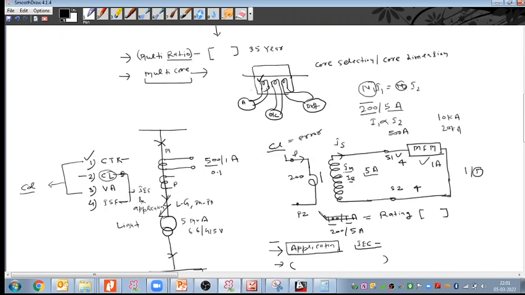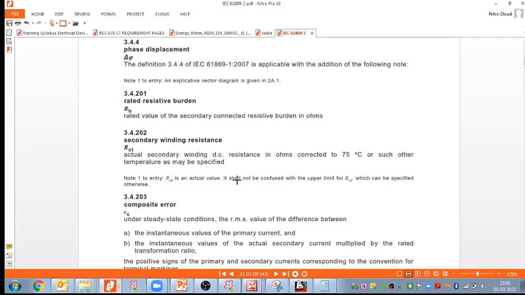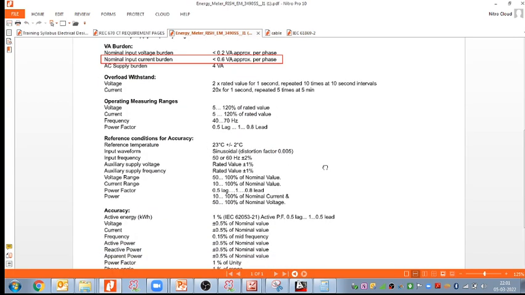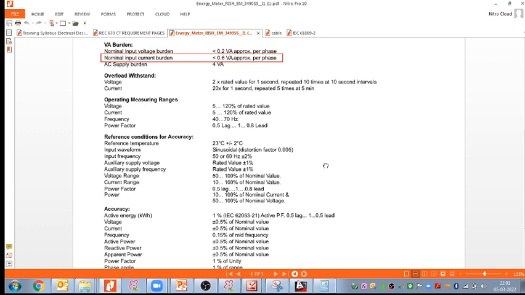Let us see how much. Let me go to this energy meter. Okay, 20 times for 1 second overload withstand for voltage and current. So 20 times they can withstand. Okay, that is fine.